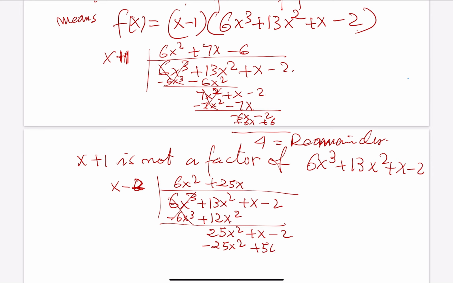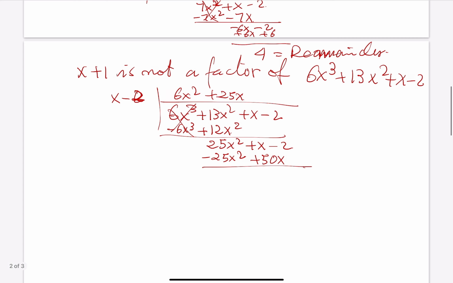Opposite sign, positive 50x. Okay. Add them up. This one is equal to 0. And then keep going here. What do you get? Add them up here. You have 0 and you have 51x minus 2. Okay.